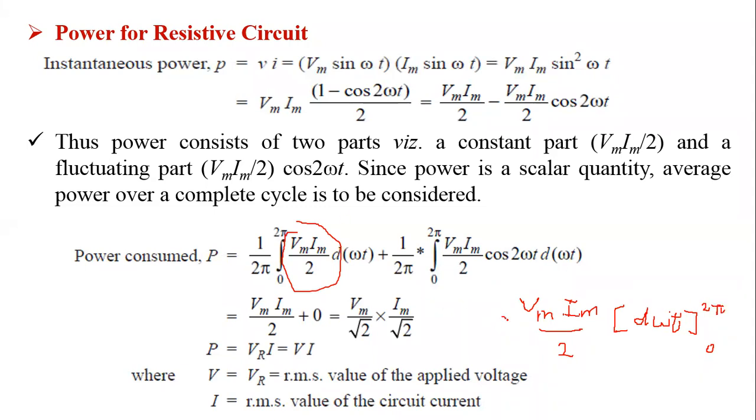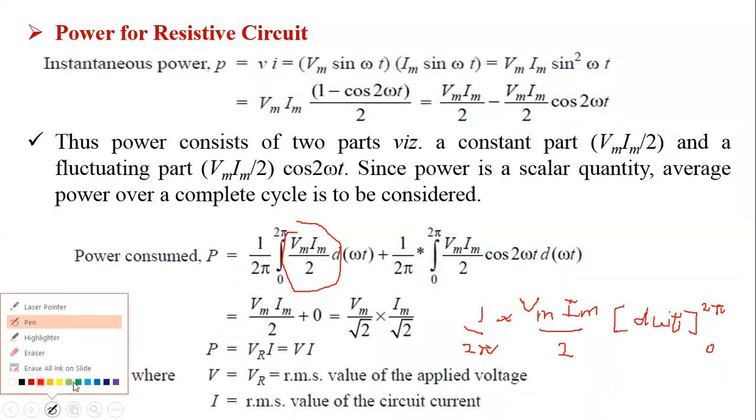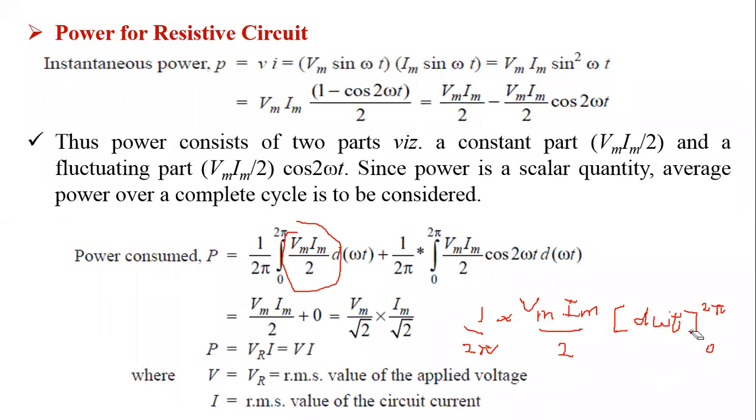And already we have 1 upon 2 pi there. If you apply the limit in this case, then it will be 2 pi minus 0, so only 2 pi. So yes, I can write into 2 pi.